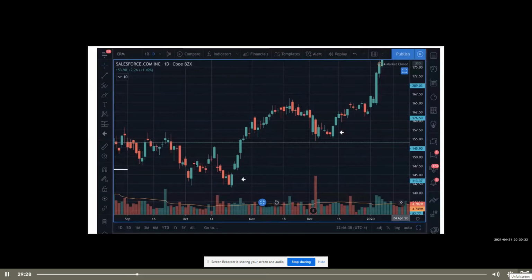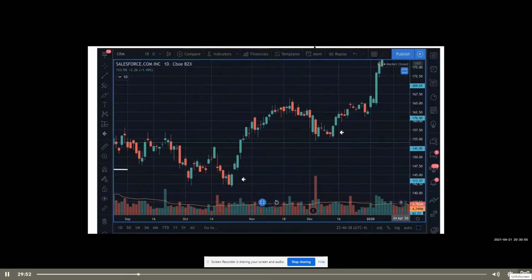So here you actually see a lot more bullish engulfings. It's one right here, one right here, one right here, and then this is a bearish engulfing right here, but it didn't really go anywhere. So as you can see, this is a bullish engulfing off of support.